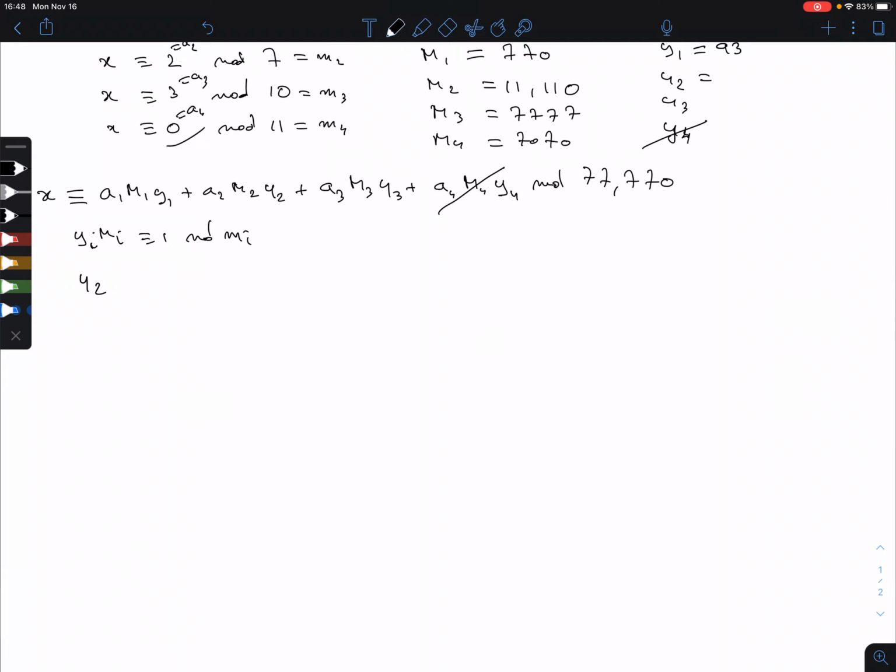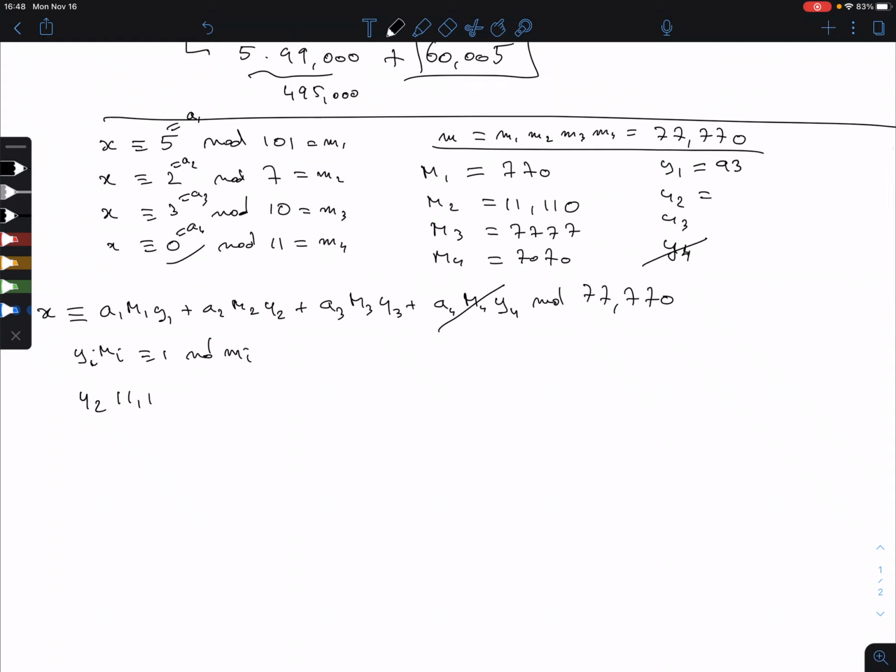Okay, so now y2 times this huge M, and that is modulo 7. Well, that is nothing, because what is 11,110 divided by 7? 1587 times 7 is 11,109, so this is plus 1, so this number is just equivalent to 1 modulo 7.